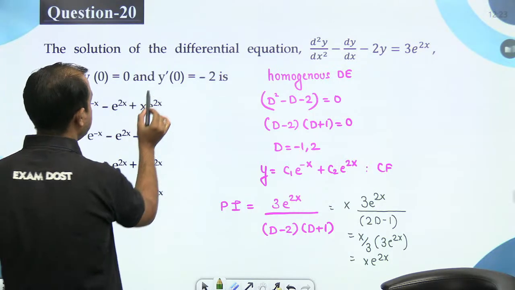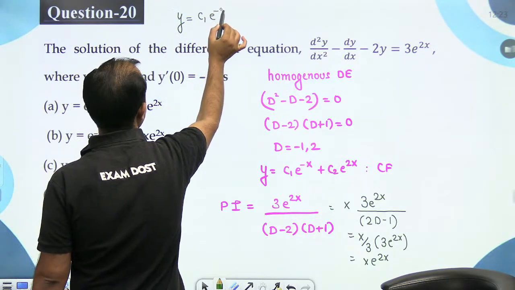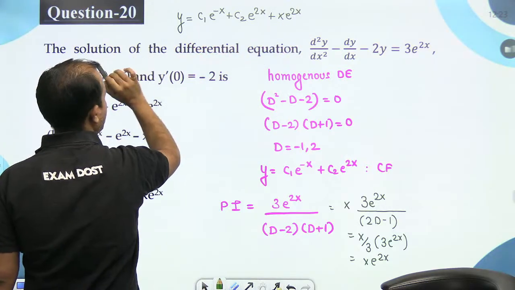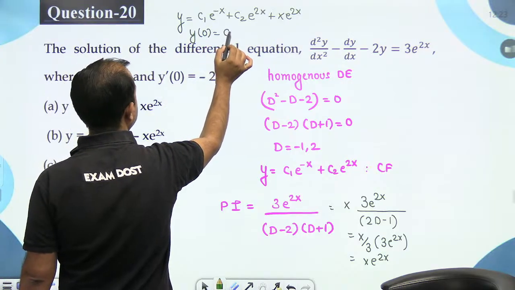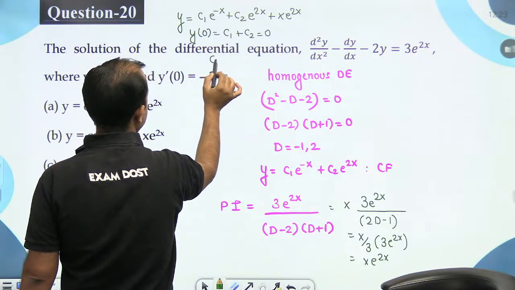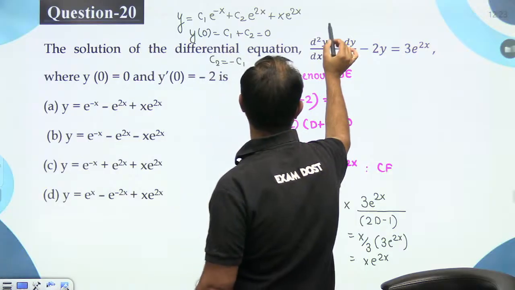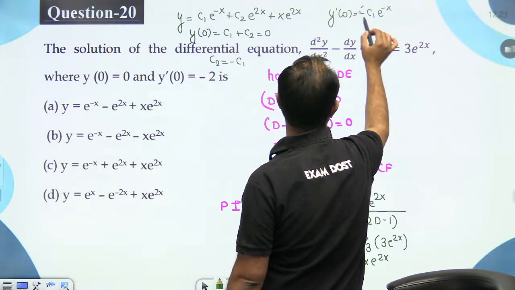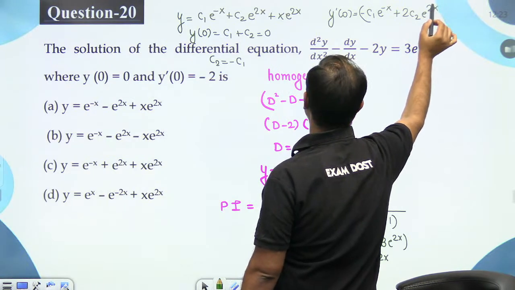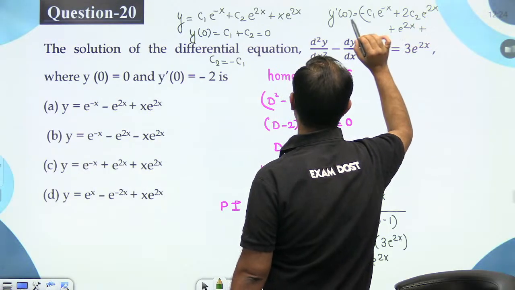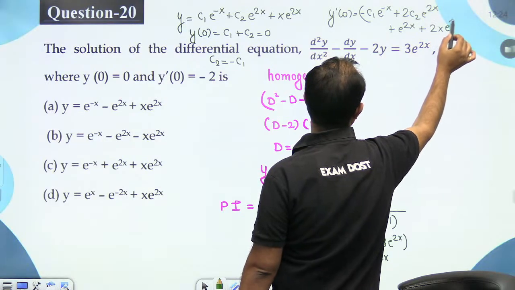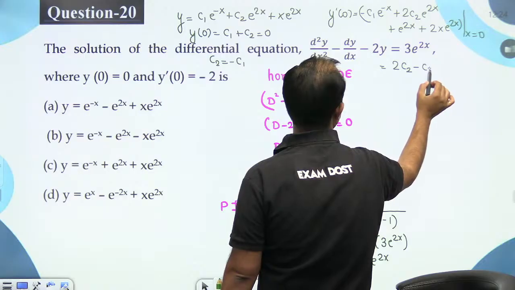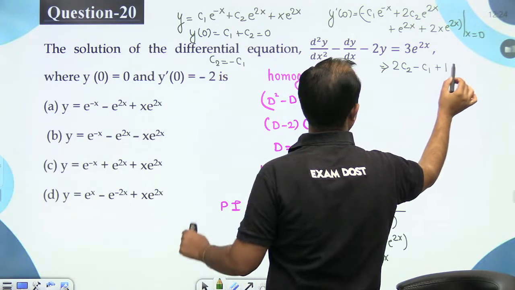Now y(0) is 0. And y'(0), I will put x equal to 0 here, this will be −2.